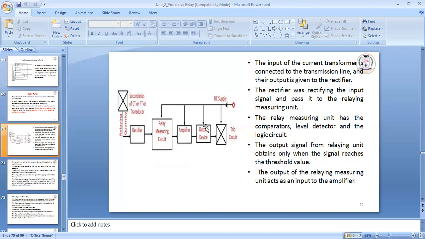As I have already told you, a pulse will be given via this. Once the fault is sensed, that pulse, the gate pulse or base supply, will be given. But anode to cathode supply is also required. That supply will be given via the anode to cathode, or emitter to collector. For this current to flow, the pulse will be given according to the fault that occurs.